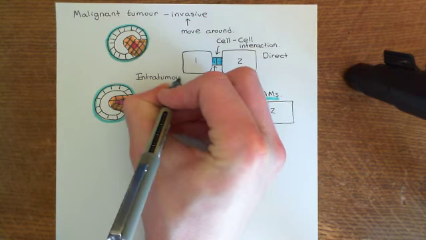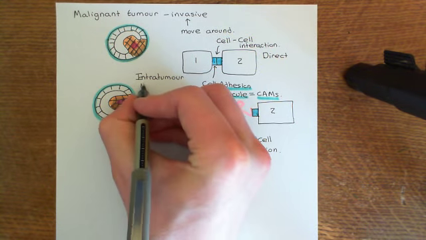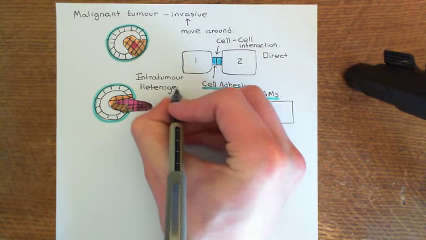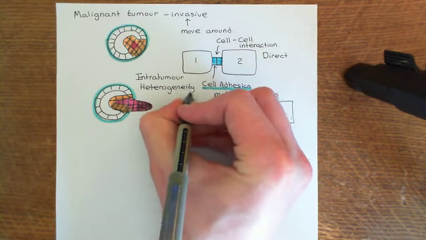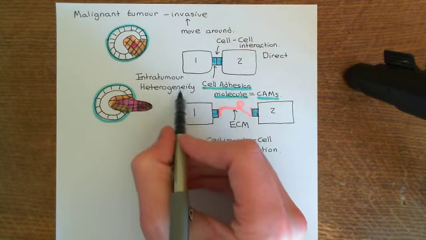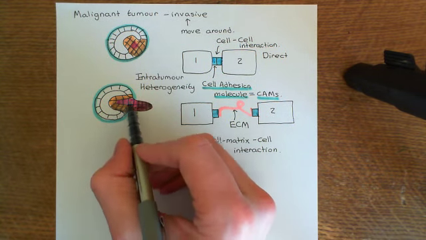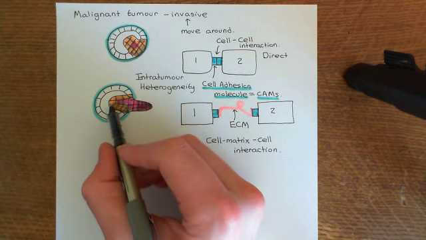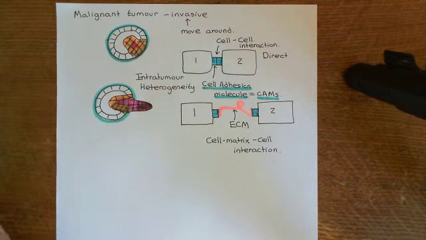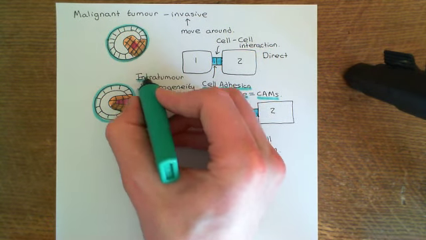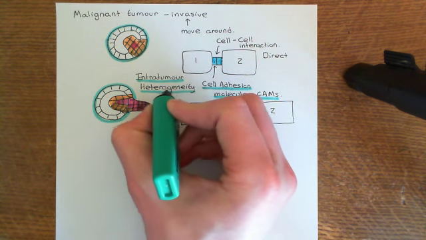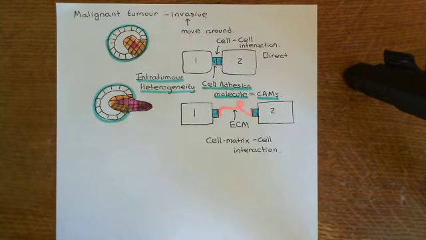So intra means within, so within tumour, heterogeneity, hetero means different. So these are cells which have got different genetic phenotypes, basically, and these purple ones are different from the orange ones. So that's the concept of intra-tumour heterogeneity, that within a tumour you can have these genetically different cells, which are different ways along the progression towards cancer.